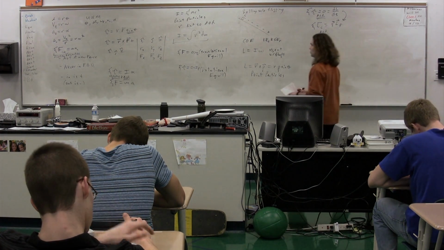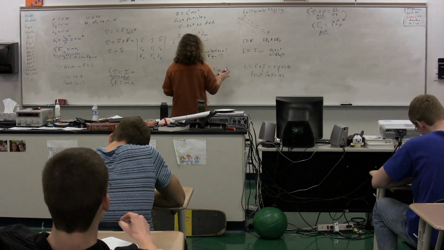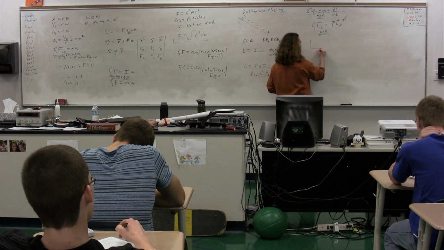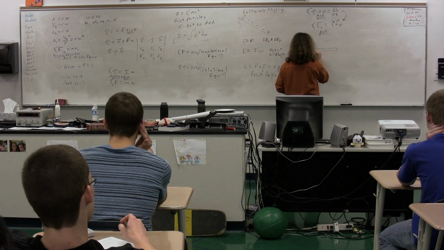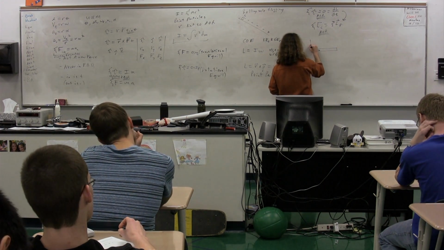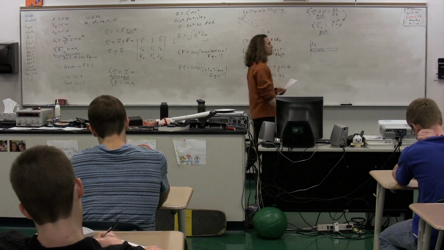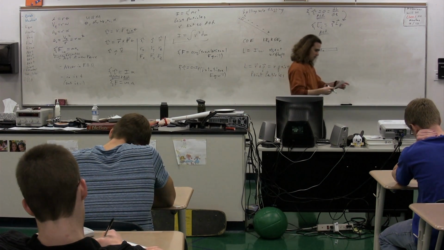Please remember, when you are talking about translational equilibrium and things like that, you need to draw your free body diagram, and don't forget your reaction force, which you need to identify in the y direction and the x direction. Please don't forget the reaction force.